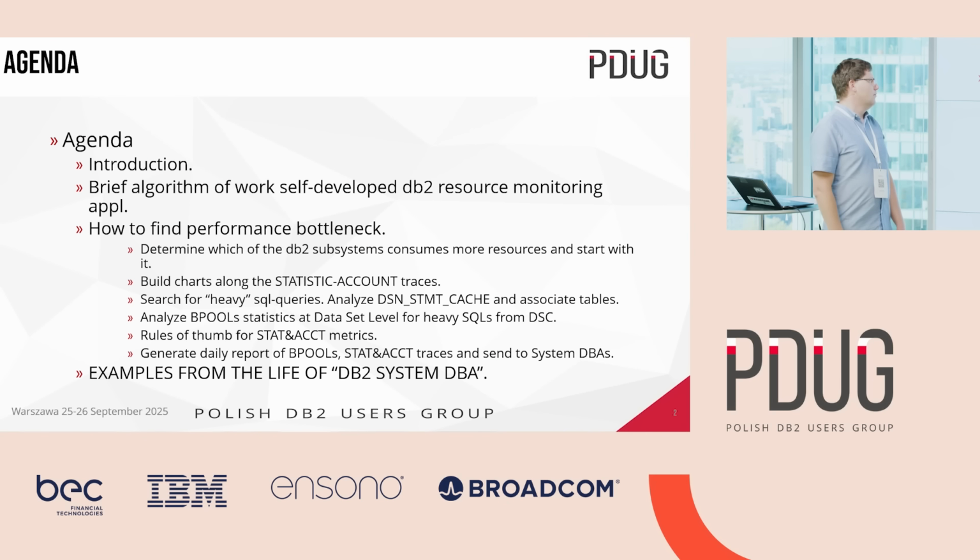Brief algorithm of work of self-developed DB2 resource monitoring, and how to find a performance bottleneck: first determine which of the DB2 subsystems consume more resources and start with it, build different charts along the statistic and accounting traces, search for heavy SQL queries, analyze them in the statement cache and associated tables, analyze buffer pool statistics at dataset level, use rules of thumb for statistic and accounting metrics, and also generate a daily report of buffer pools.